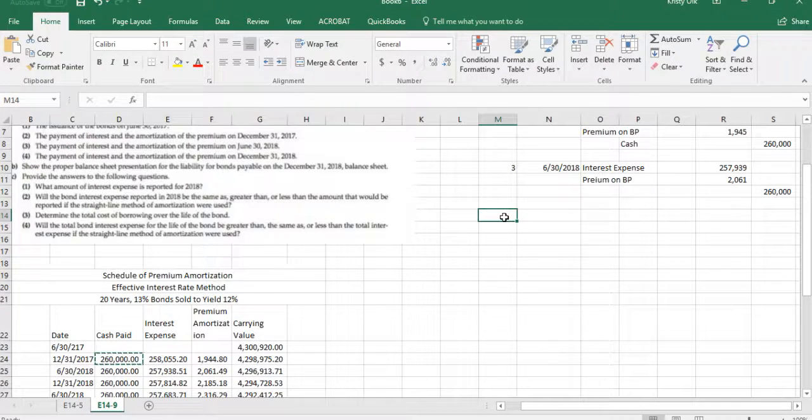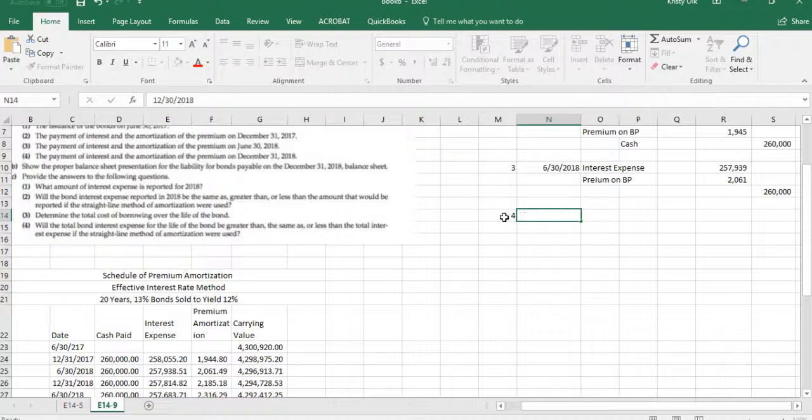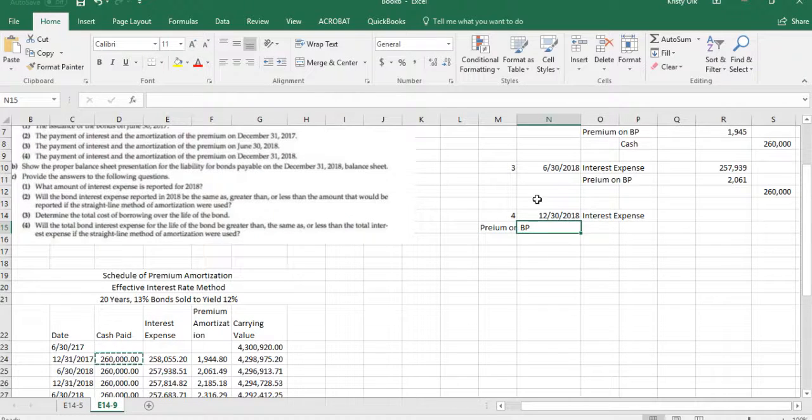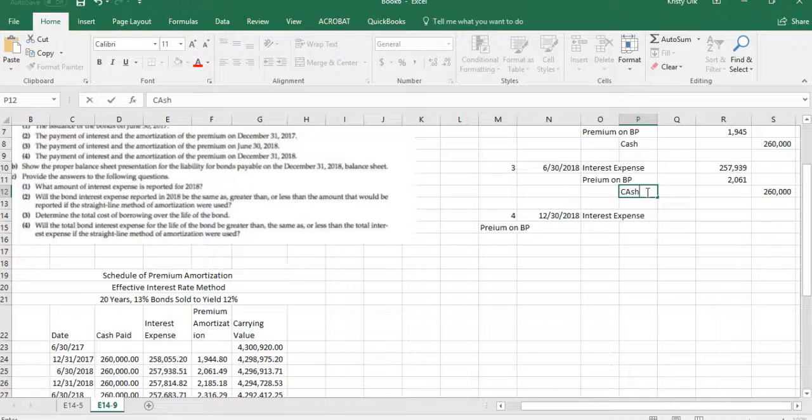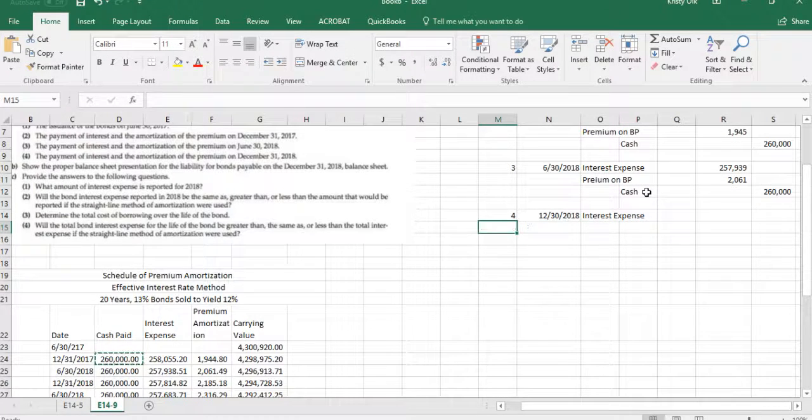So we come to 4, which is our entries for 12/31/2018. We're going to have our interest expense. We have our premium on bonds payable amortization. And then we have the cash that left.